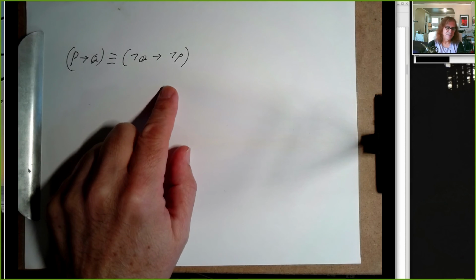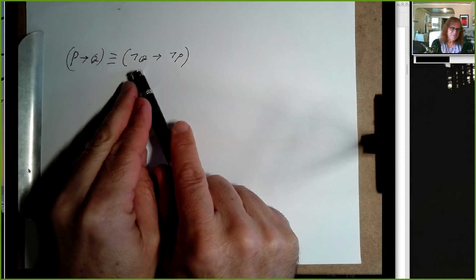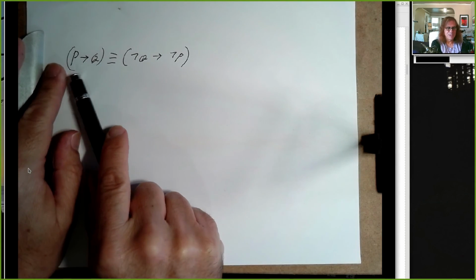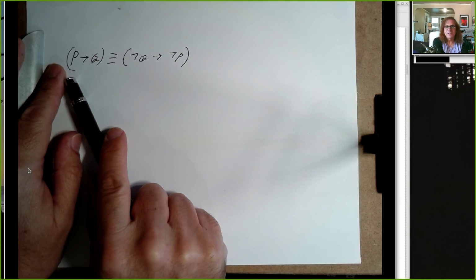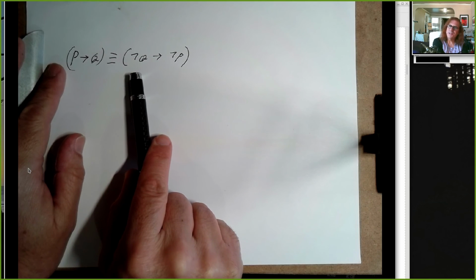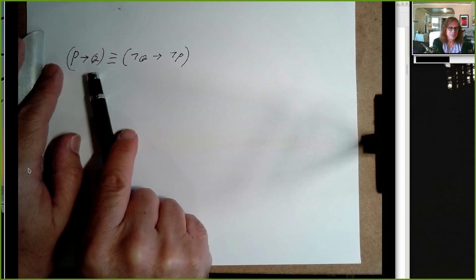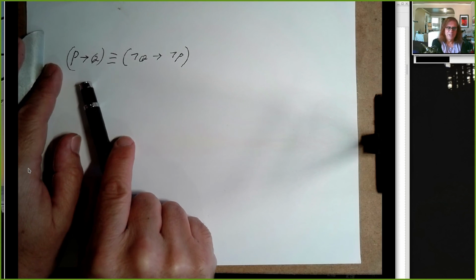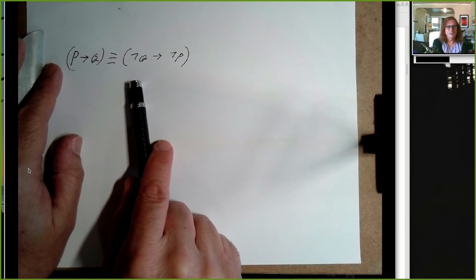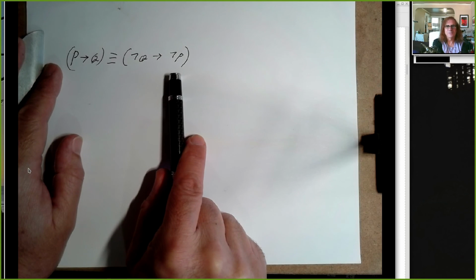And why is that the same thing? Because if Q is false, and we know that if P is true, Q is true, P has got to be false. If Q is false, there's no way P can be true. Why? Because if P is true, Q has to be true. So if Q is false, that's enough to conclude P must also be false.